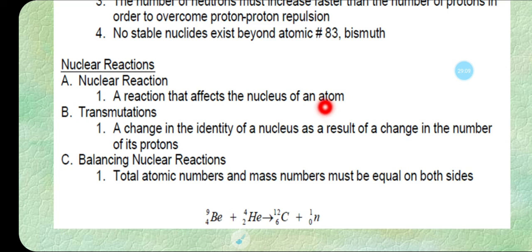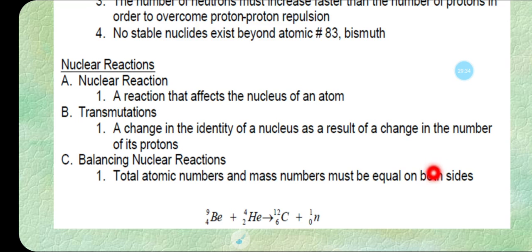This interconversion is called a nuclear reaction. Transmutation is a type of nuclear reaction: a change in identity of the nucleus, that means a change in atomic number, the proton number.